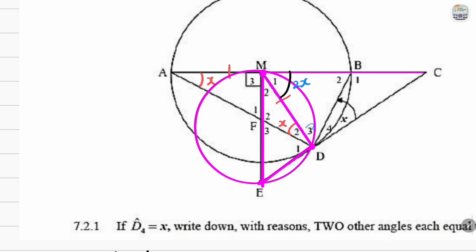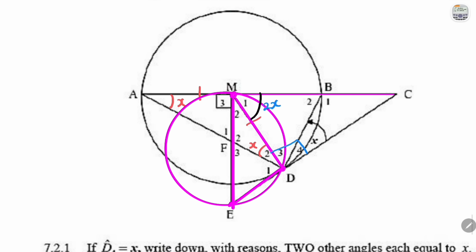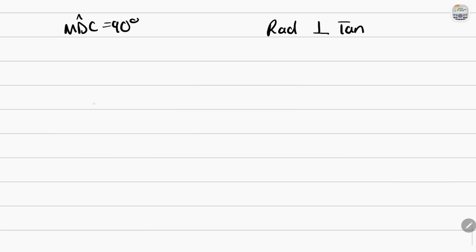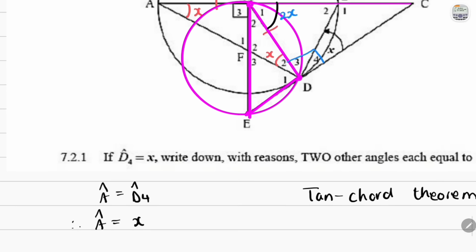And now that we know that, we can find angle C. Angle C equals 180 degrees minus that 90 degree angle minus 2x, and this is because of the sum of angles in a triangle. So angle C is equal to 90 degrees minus 2x.